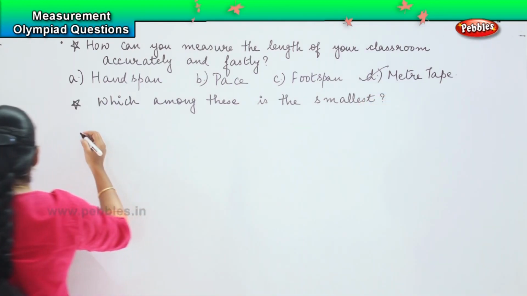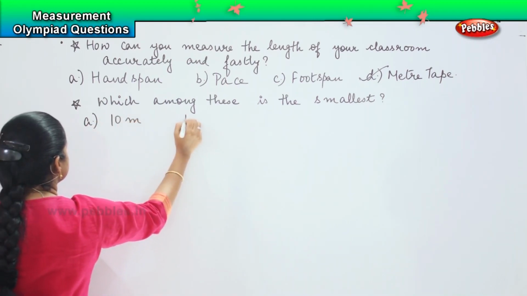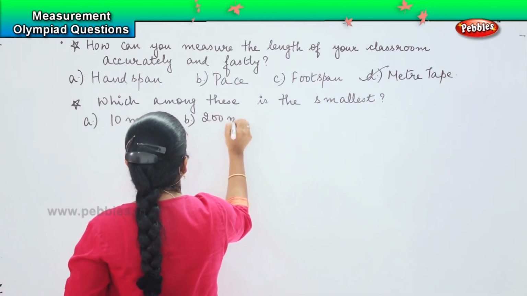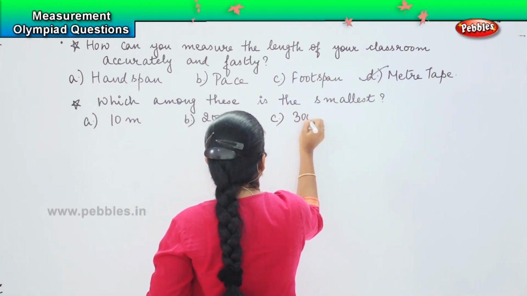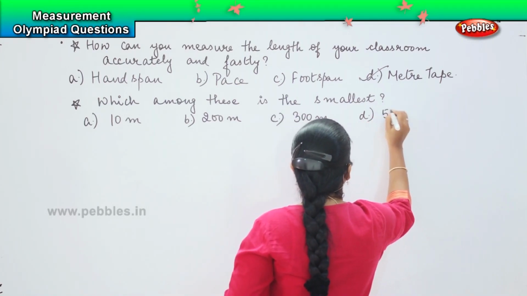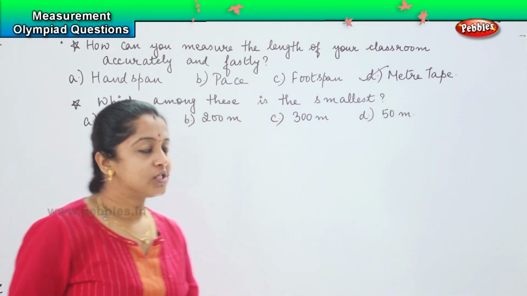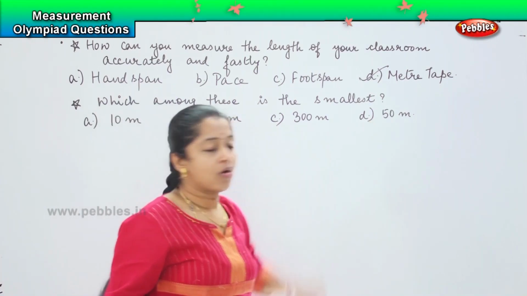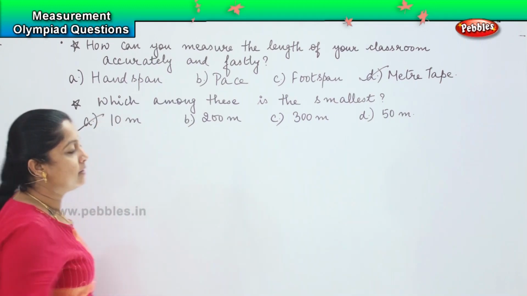And your options are option A 10 meter, option B 200 meter, option C 300 meter, option D 50 meter. So, can you tell me which among these is the smallest value? Is it 10 meter, 200 meter, 300 meter or 50 meter? Very good. It is option A 10 meter.